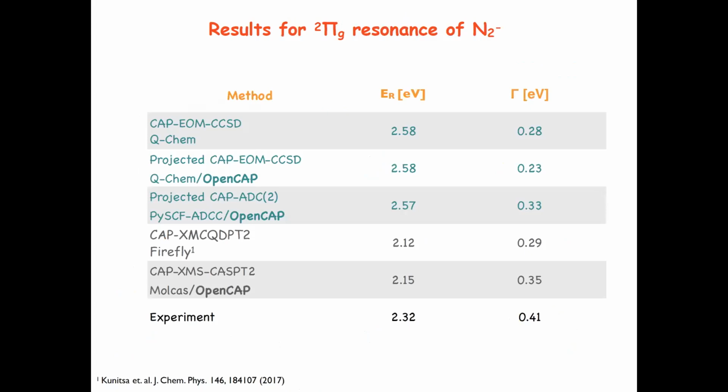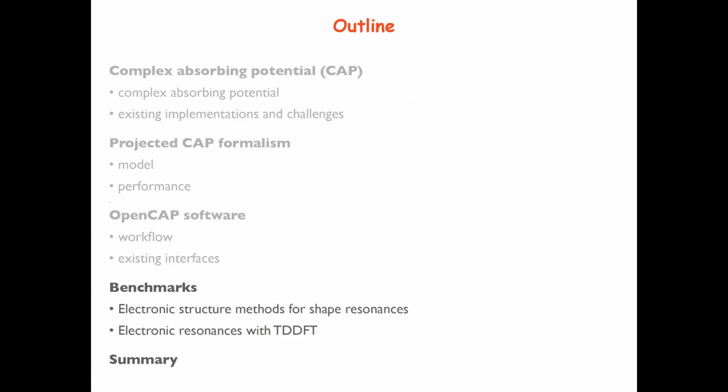And yeah, so it works. So here we compare results projected, not projected, single reference methods, multi-reference methods, our previous implementation in Firefly package, and actually OpenMolCAS, my apologies, for multi-state CAS-PT2.